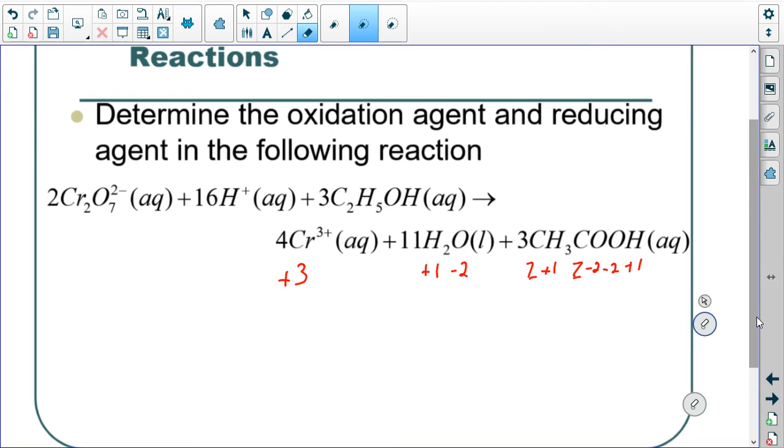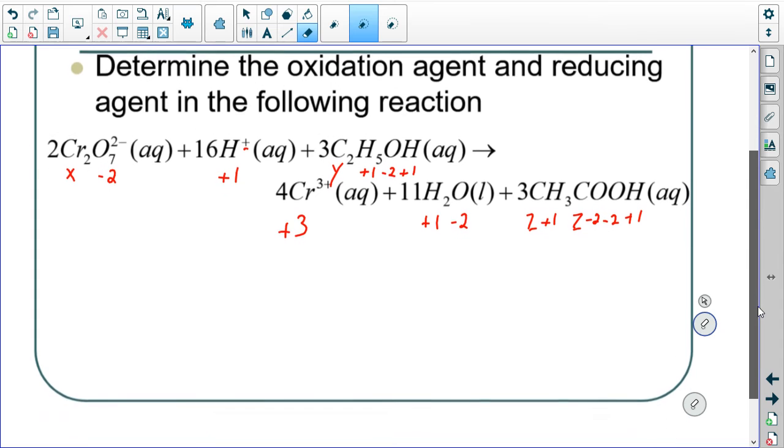Just go back and do all the oxygens and hydrogens. I'm going to call this carbon Y because we don't want to have the same thing. That guy's a +1 because of its charge. This guy's a -2. And this guy we're going to call X. Okay.